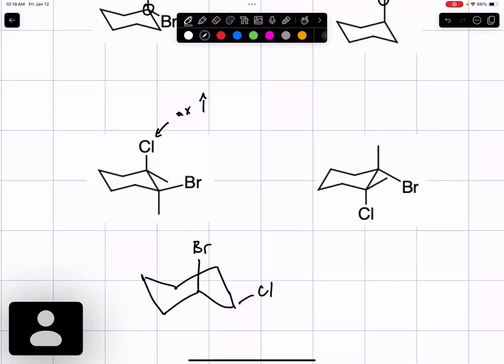Same goes for this methyl group. The methyl on carbon 1 was pointing equatorial down. Now it would technically be in the axial position, pointing axial down. And on carbon number 2, this would be equatorial pointing down, right? But does that look like our molecule over here?